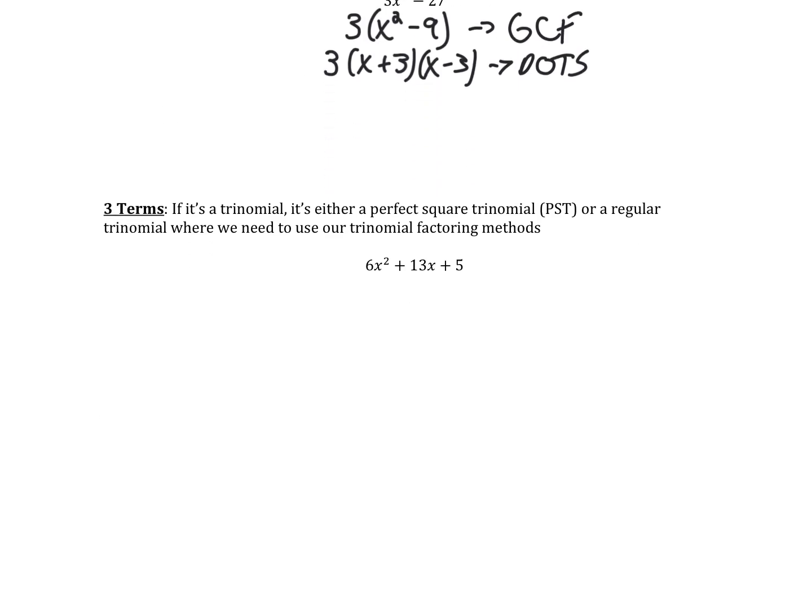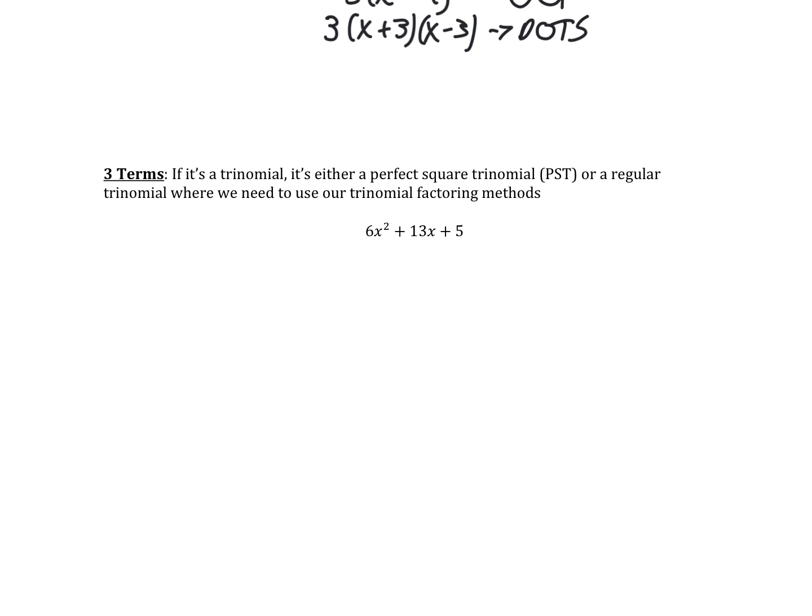With three terms, it's a trinomial, meaning it's either a perfect square trinomial, that's like a plus b squared, or it's a regular trinomial, where we need to use our trinomial factoring method. So if you remember our AC method for 6x squared plus 13x plus 5, this doesn't look like any special pattern to me, so the first thing I'm going to do is multiply 6 and 5 together.